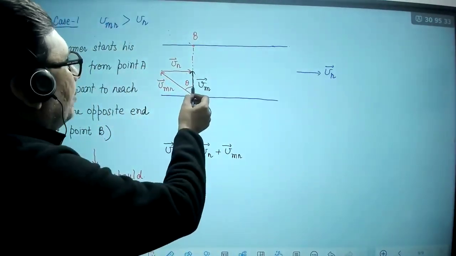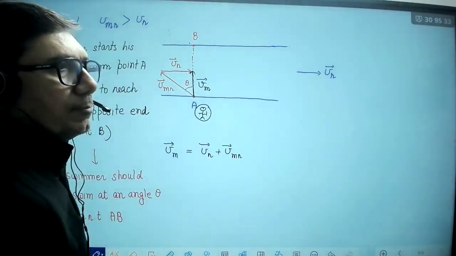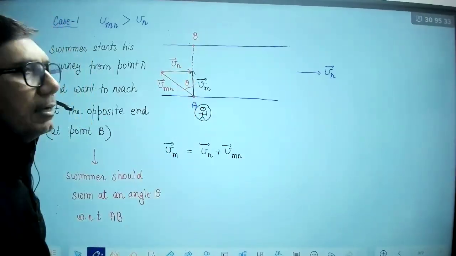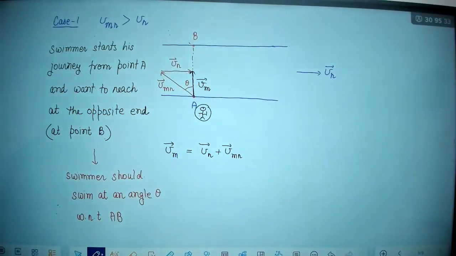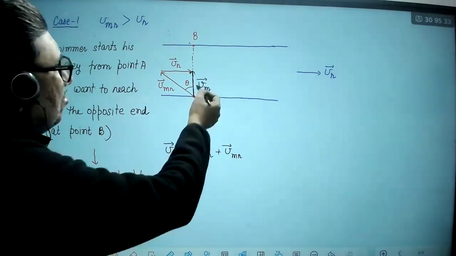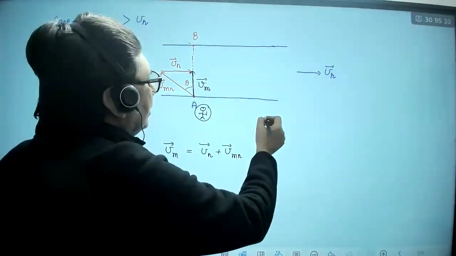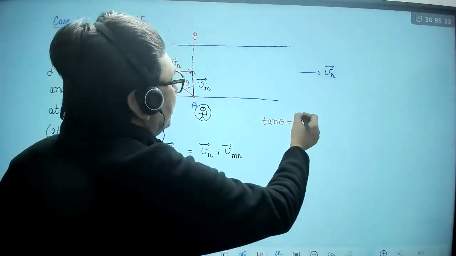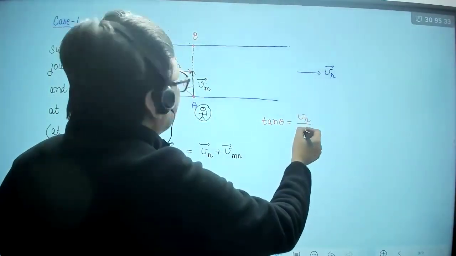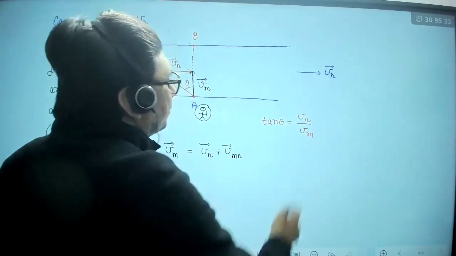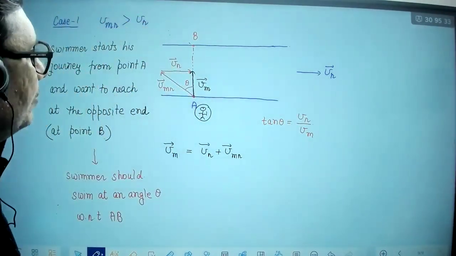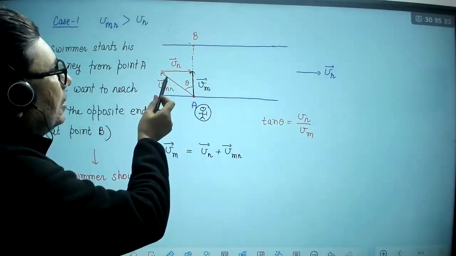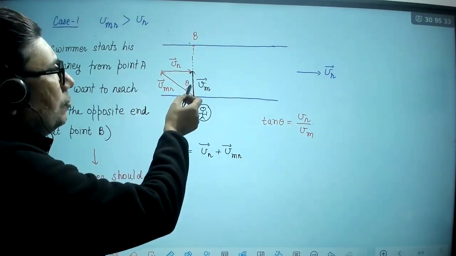Suppose he provides you VM and VR, so automatically tan theta will be VR upon VM. If he provides me VR and VMR, then I can use sine theta.